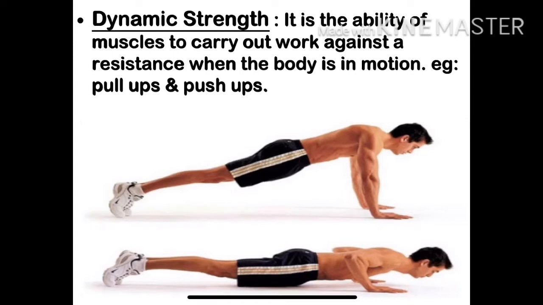Second is explosive strength. It is the ability to overcome resistance with high speed. This strength is used in long jump, high jump, triple jump, jumping in volleyball for smashing. Third is strength endurance.